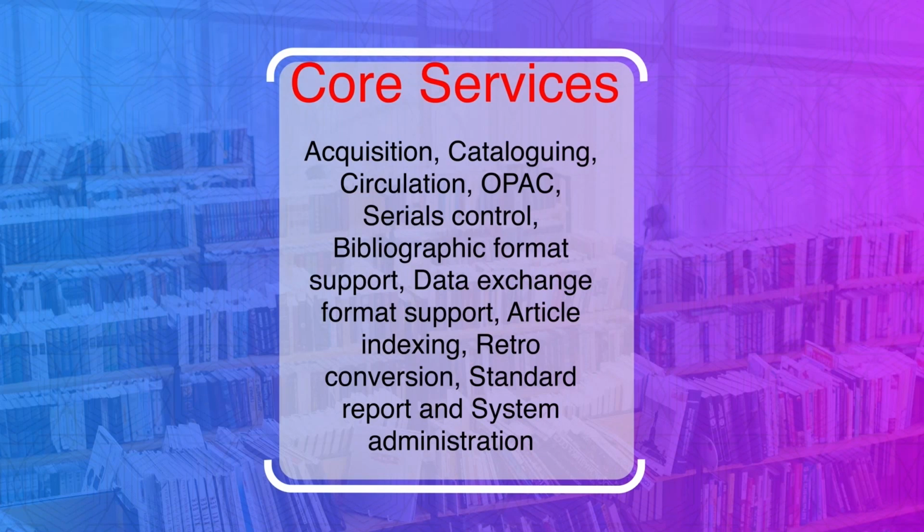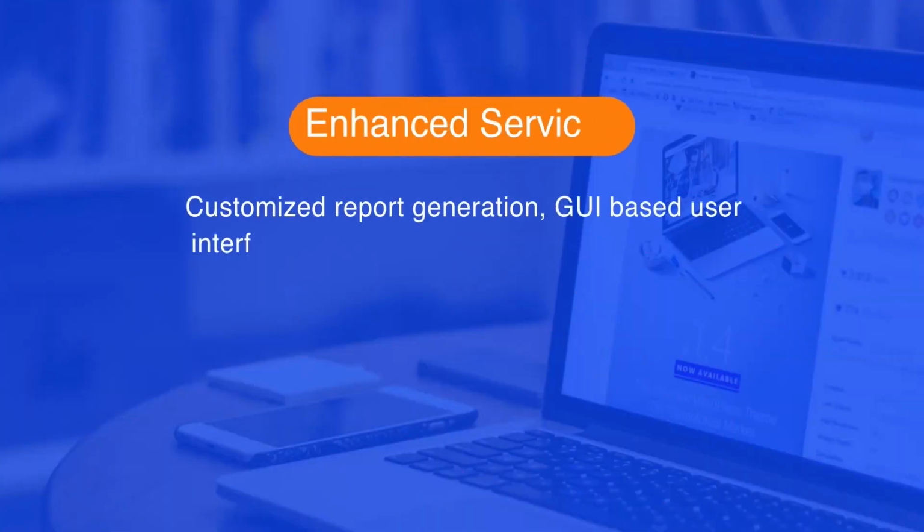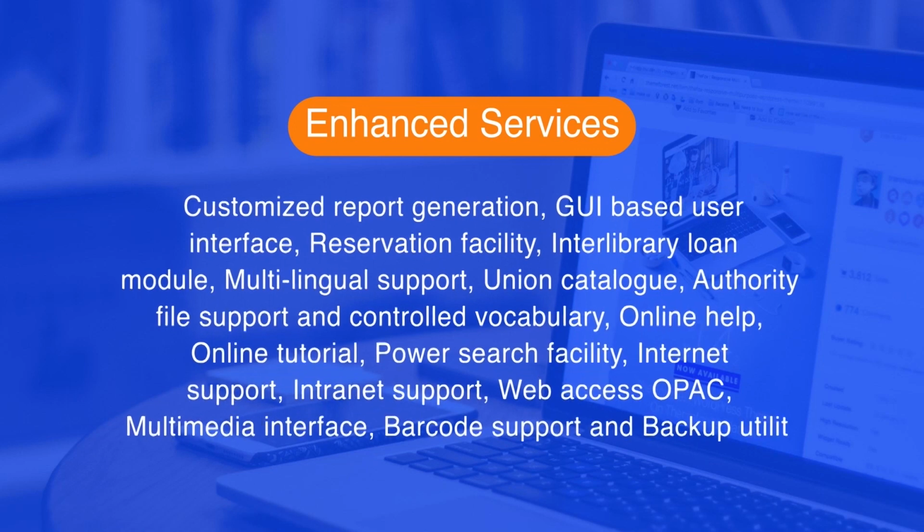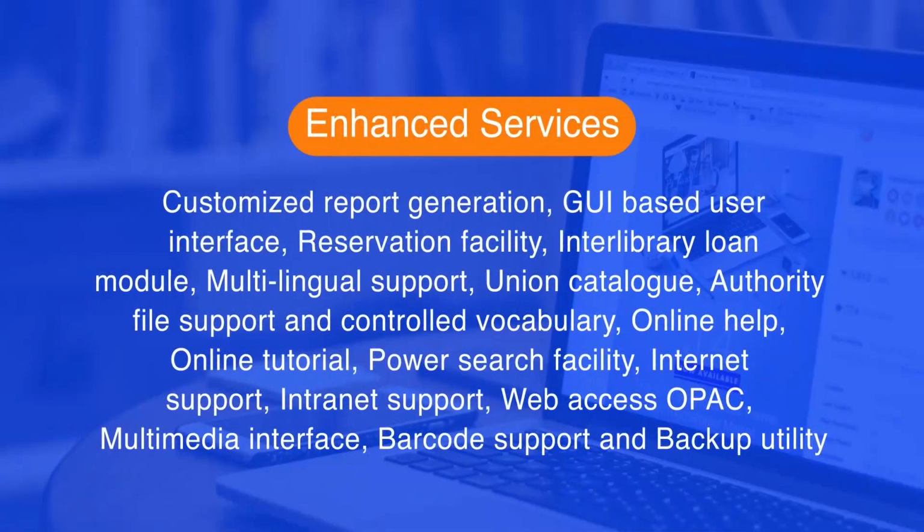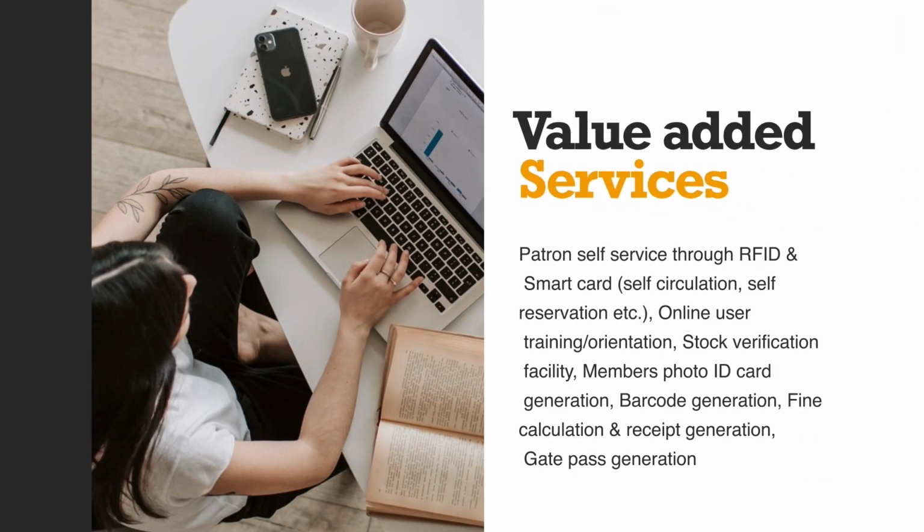Then comes the enhanced services, and then come the value added services. So core services are the minimum essential services that need to be supported by an ILS. Then comes the enhanced services, which are good to have inside your library automation system. It will make your life easy as a librarian. And then value added services, which can help our end user in a much more efficient way.